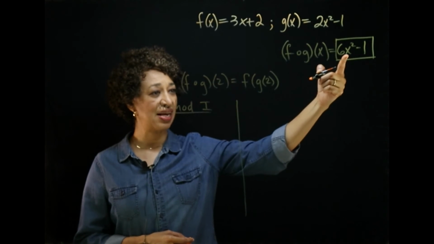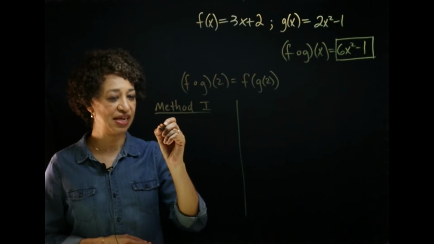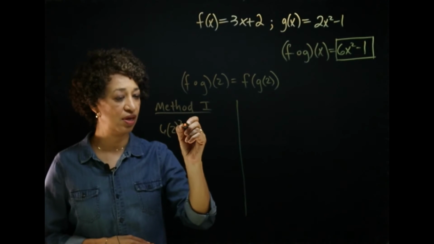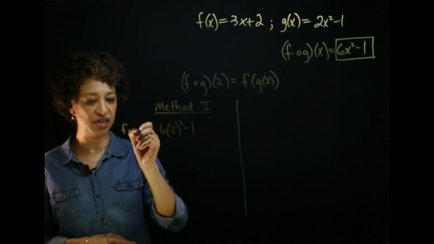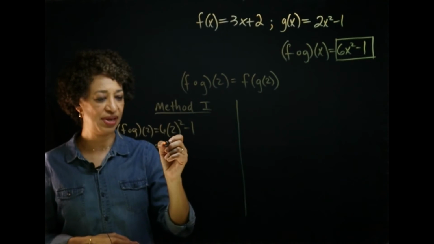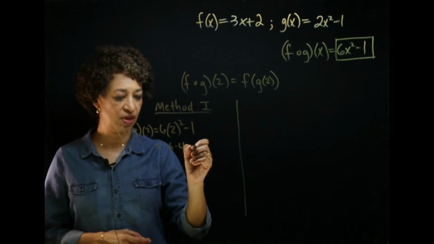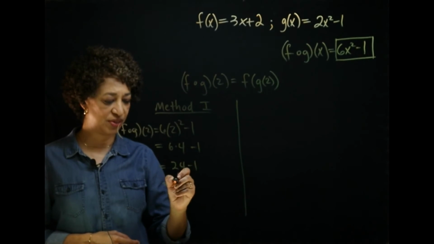So where we see this x here, we're going to plug in a 2. So we have 6 times 2 squared minus 1. And again, that's f of g of 2. So we have 6 times 4 minus 1, which is 24 minus 1, or 23.